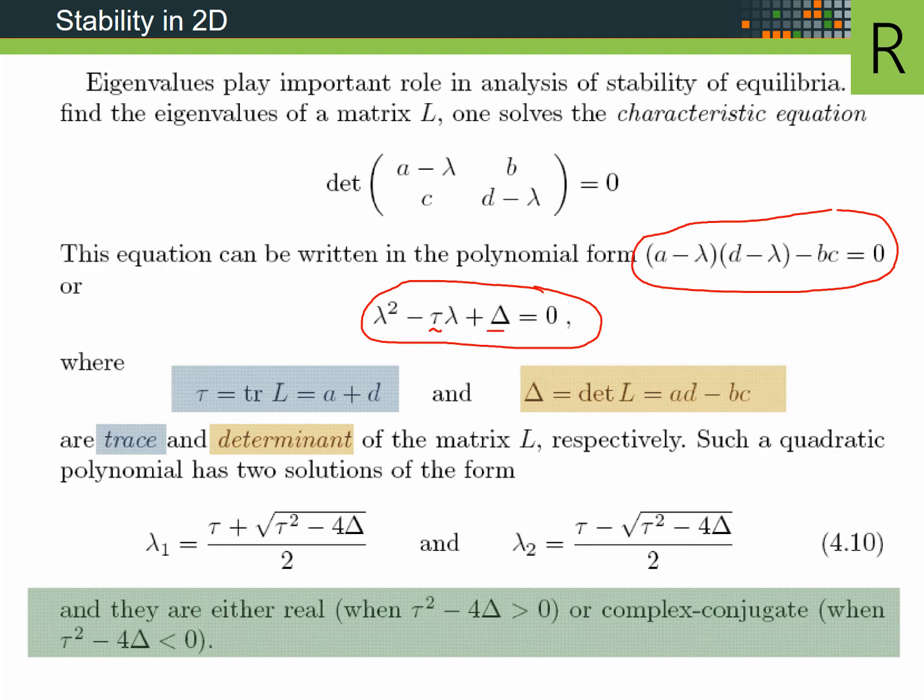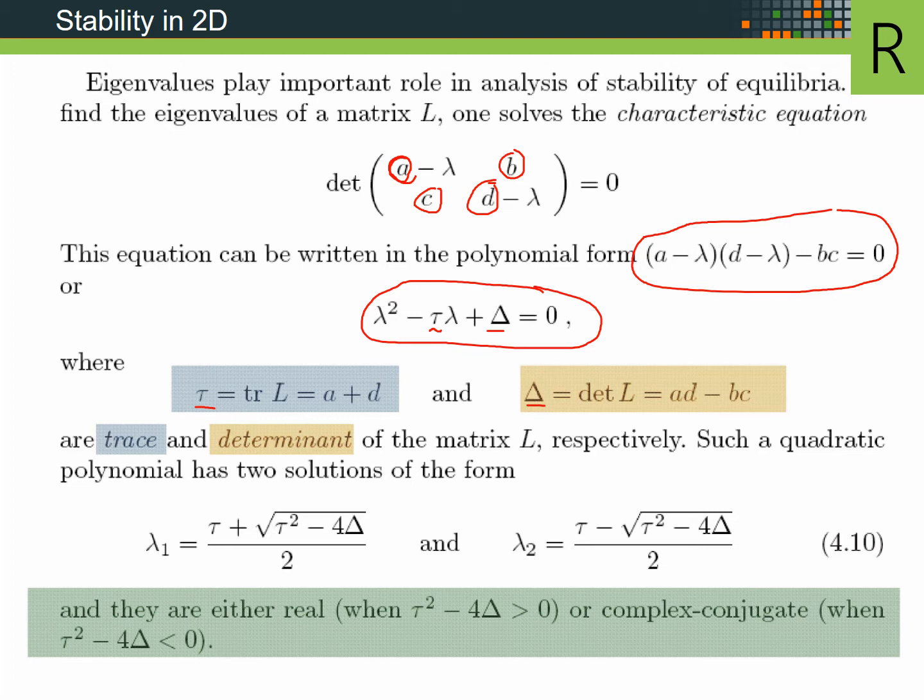We then realize that tau is the trace of the Jacobian, which is a plus d, and delta is the determinant, which is a times d minus c times b.